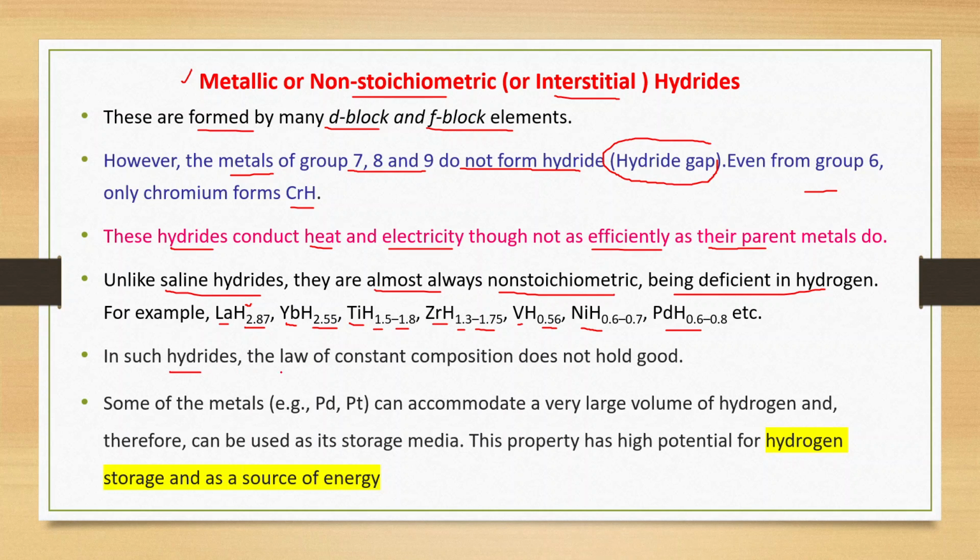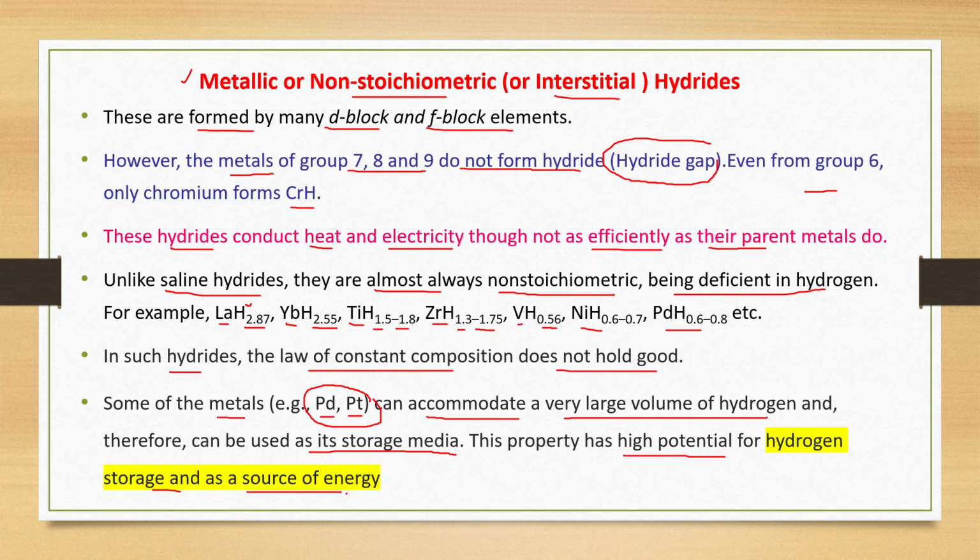In such hydrides, the law of constant composition does not hold good. Some of the metals like palladium and platinum can accommodate a very large volume of hydrogen and therefore can be used as storage media. Simply we can say hydrides of palladium and platinum are used as storage media. This property has high potential for hydrogen storage and as a source of energy.